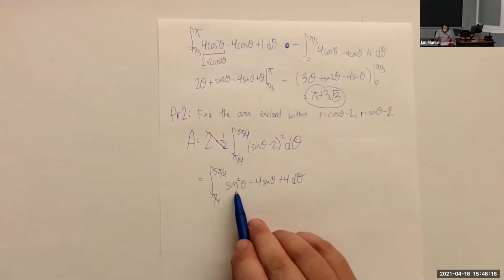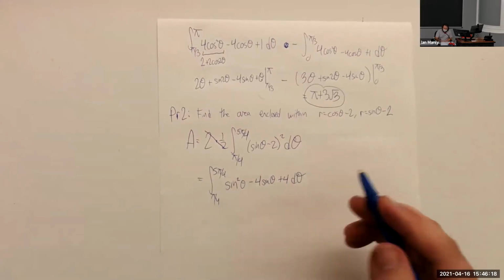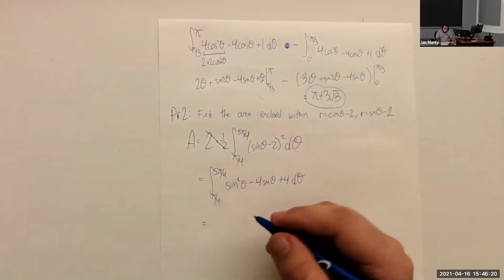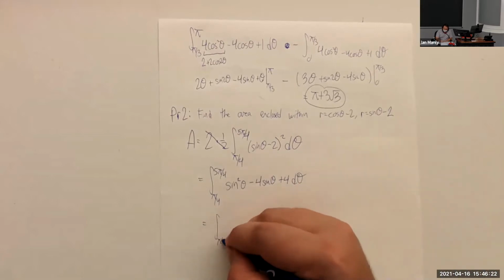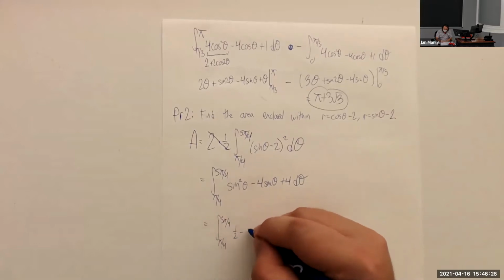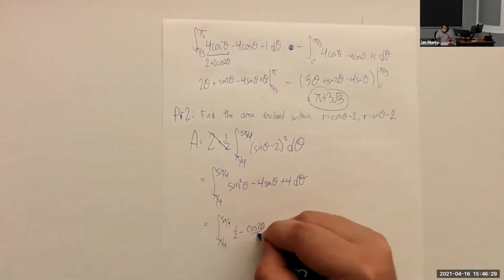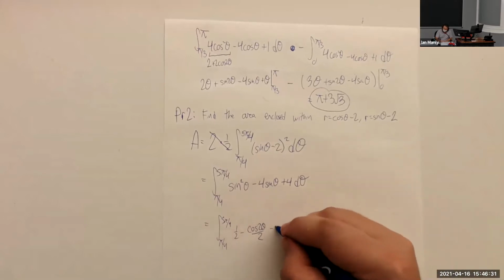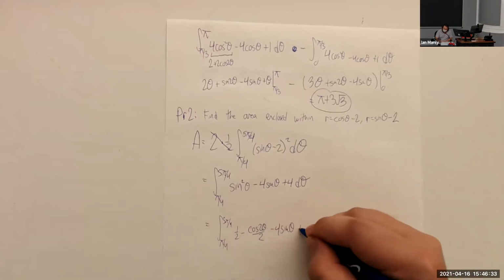All right, so let's see here. Sine squared, we can use the half angle identity on that. So we have 1/2 minus cosine of 2 theta over 2 minus 4 sine of theta plus 4.